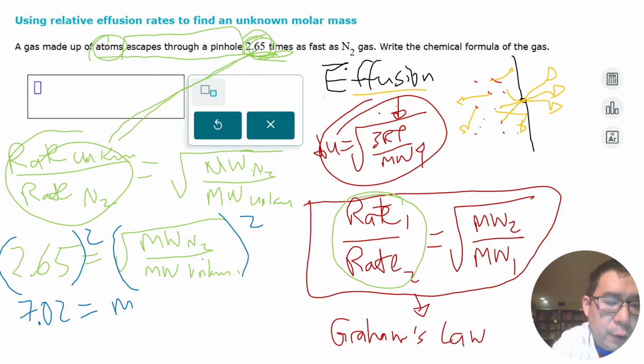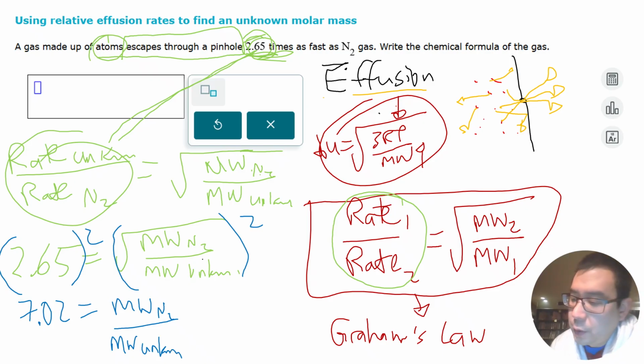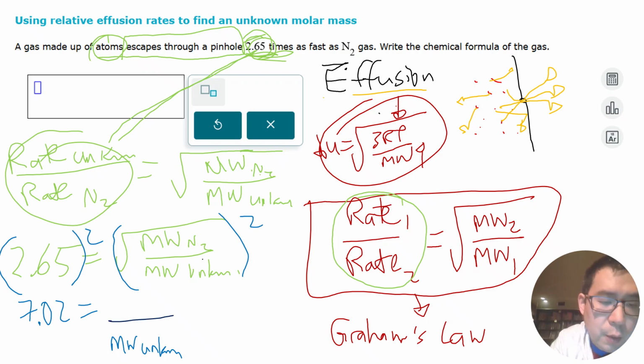So I get the molecular weight of N2 over the molecular weight of the unknown. I happen to know the molecular weight of N2. You can get that from 2 times the atomic weight of N, and it's approximately 28 AMU. And so 28.